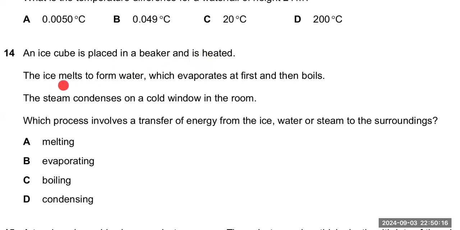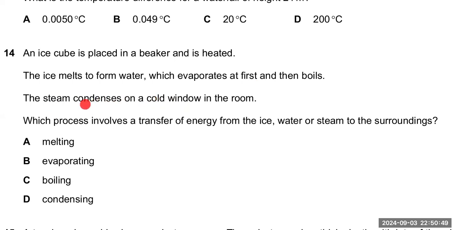As a result, it will melt into water, and then the water starts to evaporate at the initial point, and then it starts to boil when the temperature reaches 100 degrees Celsius, because the boiling point of water is 100 degrees Celsius. Then the main question asked is that the steam condenses on a cold window in the room. You have to give the answer for this line.